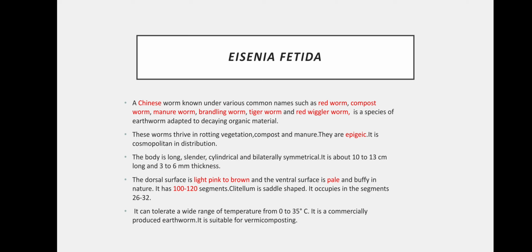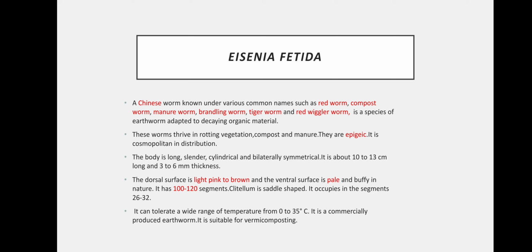The body is long, slender, cylindrical, and bilaterally symmetrical, about 10 to 13 centimeter length and 3 to 6 millimeter thickness. The dorsal surface is light pink to brown, the ventral surface is pale colored, and it has about 100 to 120 segments. Clitellum is saddle shaped, occupies the segments 26 to 32.